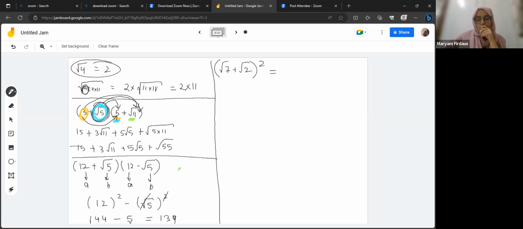A plus B whole square. You're supposed to say whole square. What is that equal to? A plus B whole square is equal to A square plus 2AB plus B square. Very good.